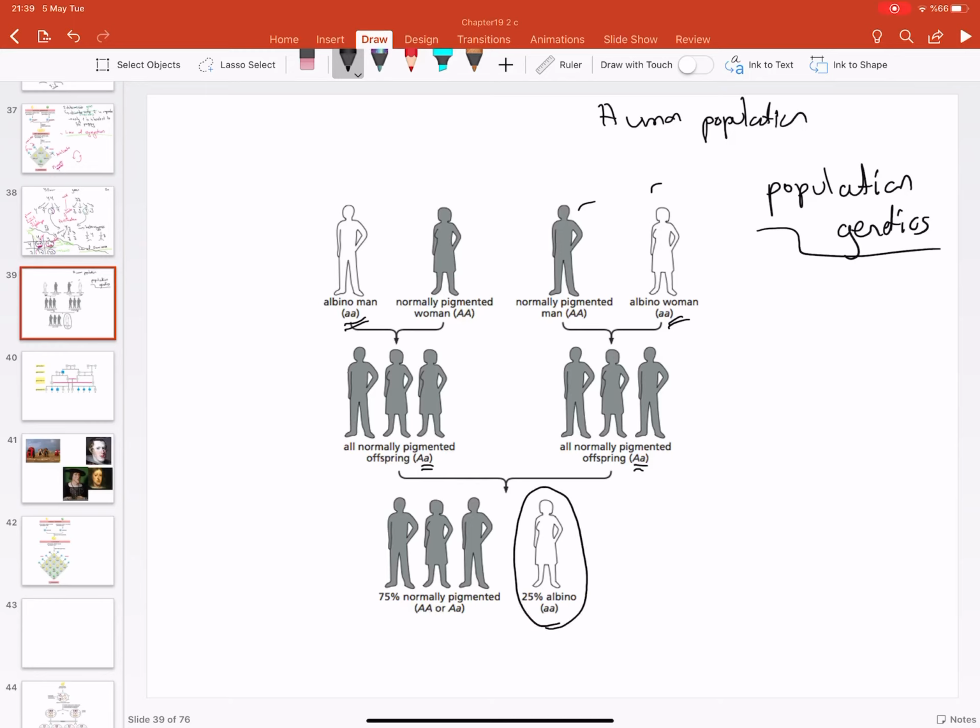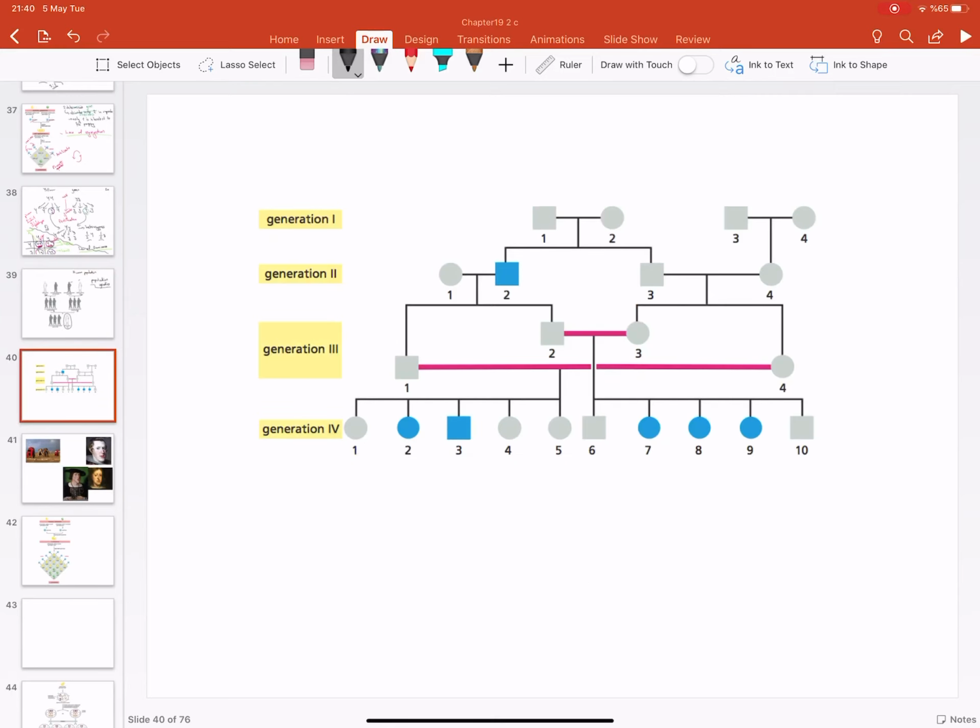So just by checking the family history, you can reach this information, and you can do it by phylogeny, like this. Especially if you check large phylogenies, you can learn how a trait is inherited.